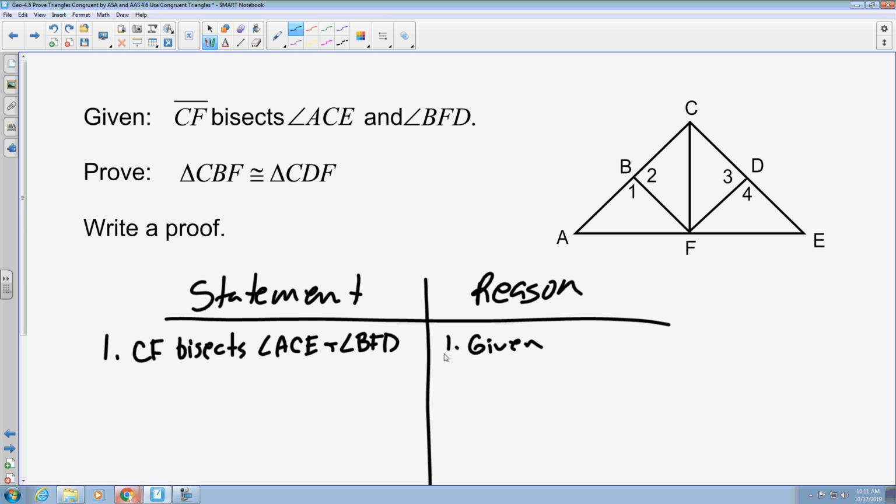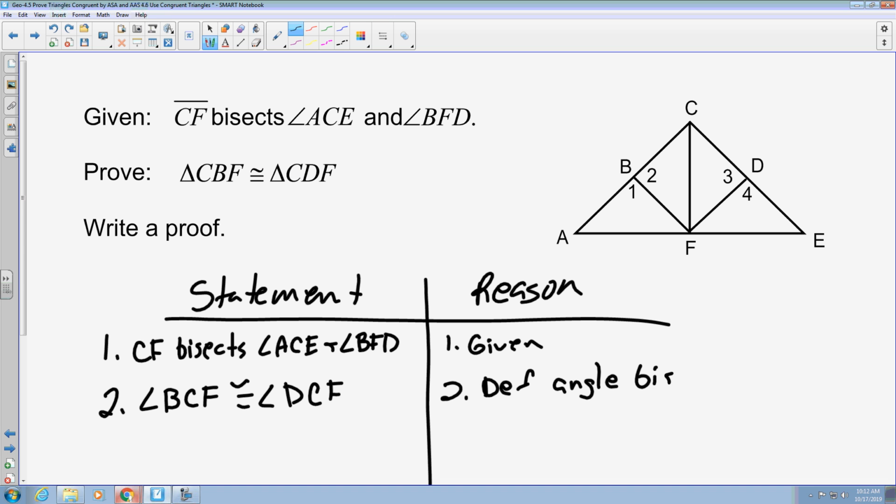So I can now say that angle BCF is congruent to angle DCF due to the definition of angle bisector. And so that would make this angle and this angle the same.